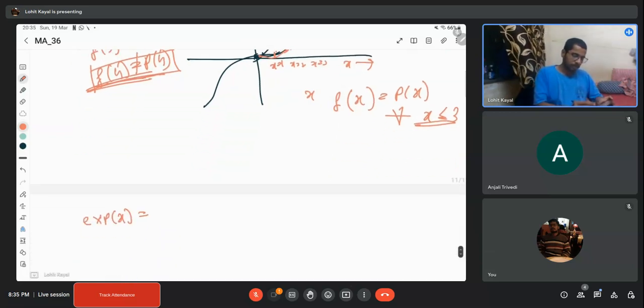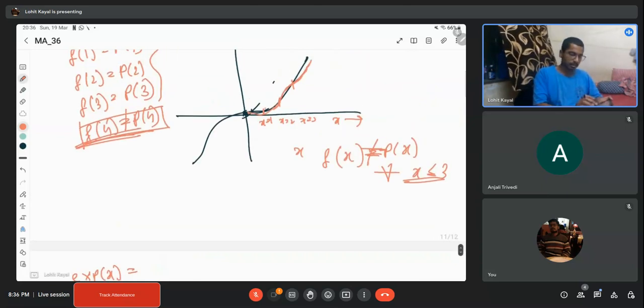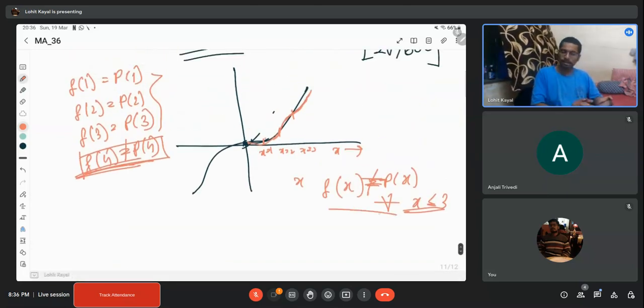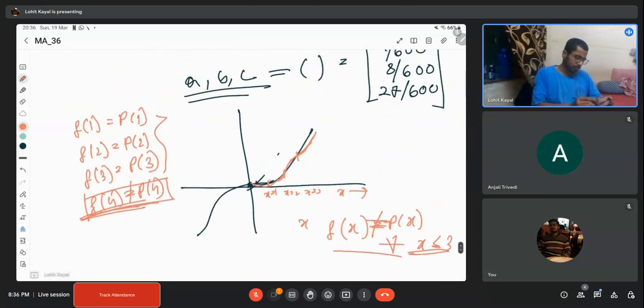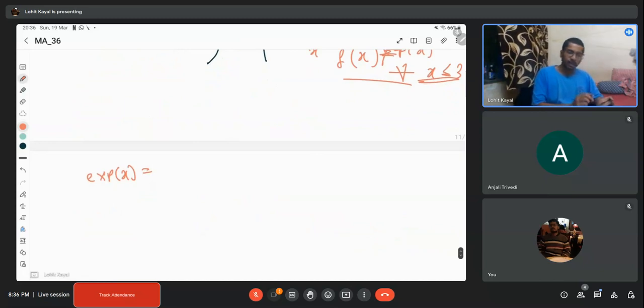This is not true because no information like that is given in the question. It is only agreeing at the discrete points, x equal to 1, x equal to 2, x equal to 3.